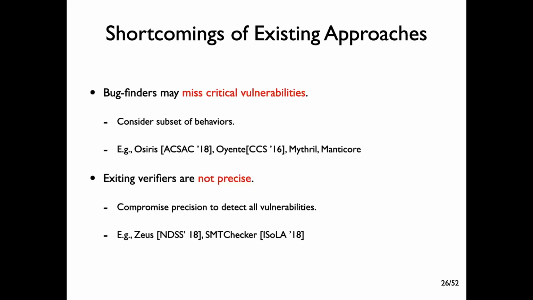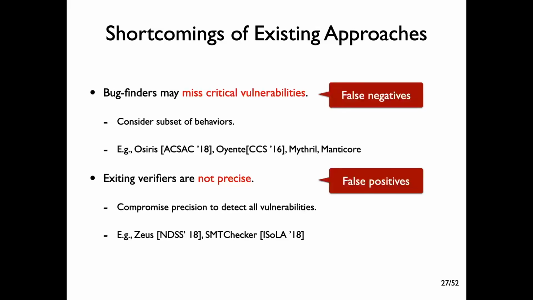On the other hand, existing verification approaches are imprecise. This is because they typically compromise precision to detect all vulnerabilities. Due to the inherent limitations of existing tools, users of these tools must put a lot of effort into manually investigating false negatives and false positives.